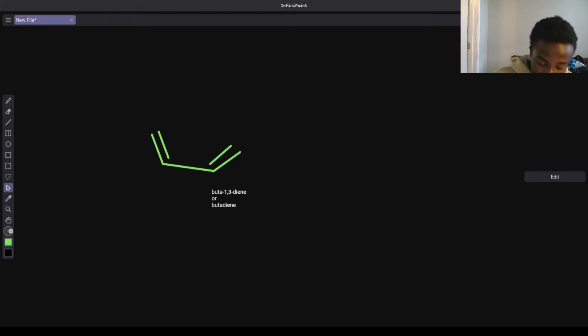Number 4 is C-C bond cleavage involving substrates.